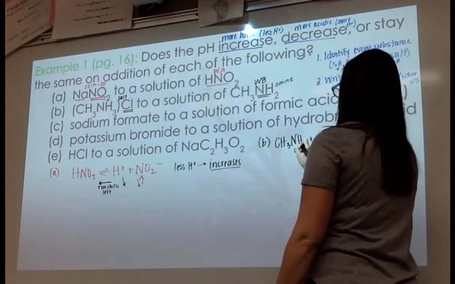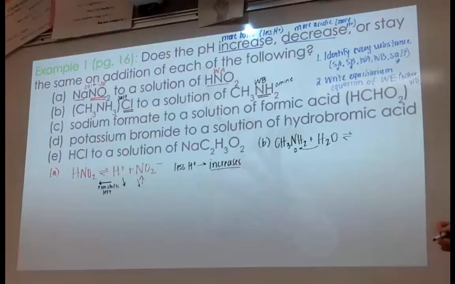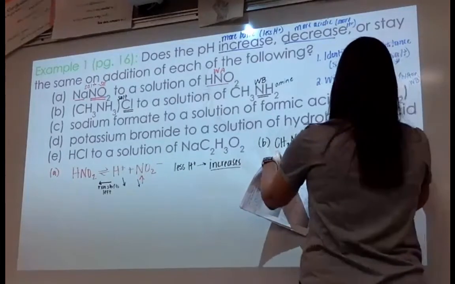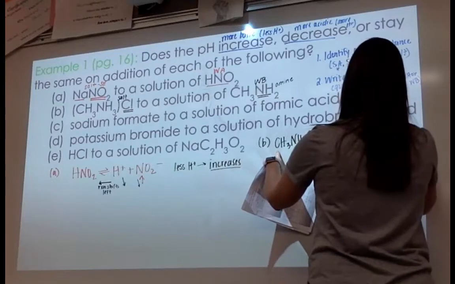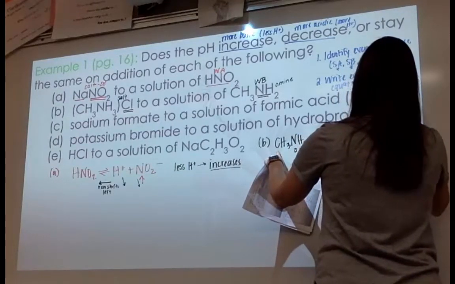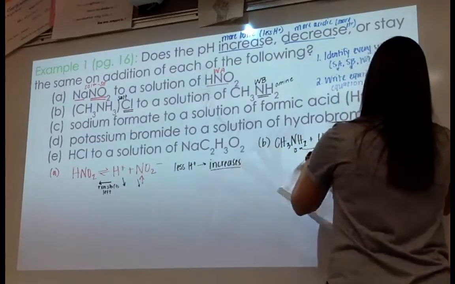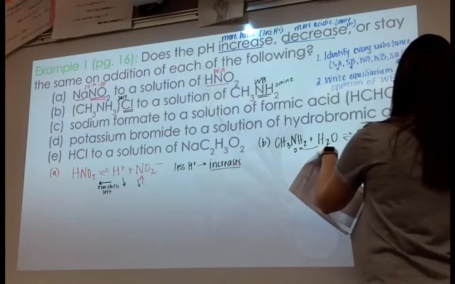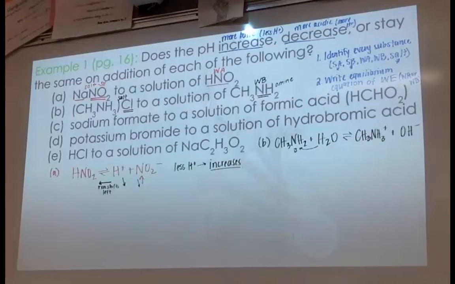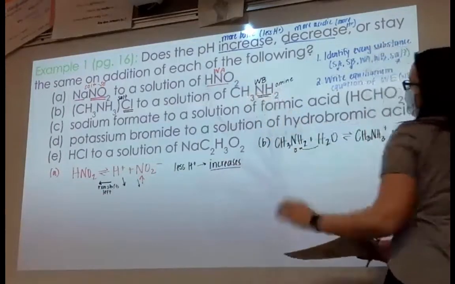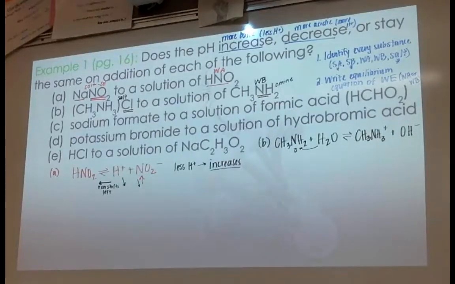All right, if we think about what our products are, this, because it's a base, will accept a proton. And H2O will become OH minus. There's my equilibrium. We're writing the equilibrium of whatever the weak electrolyte is. In this case, it's a weak base.